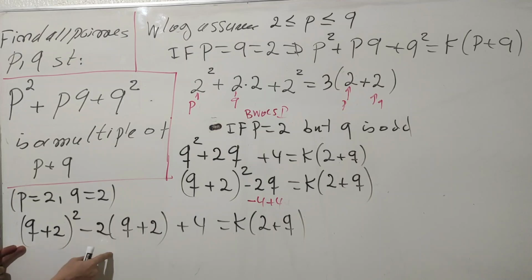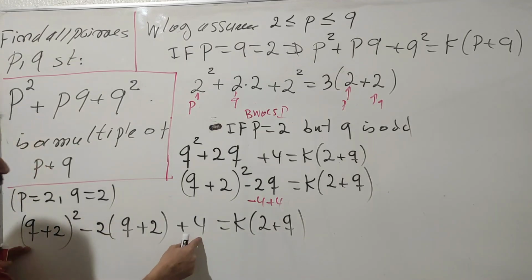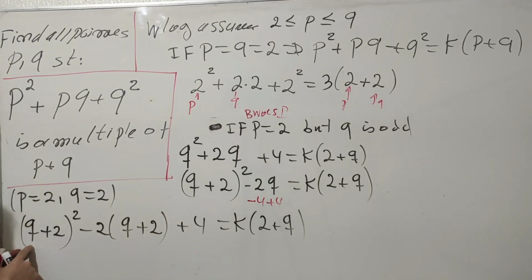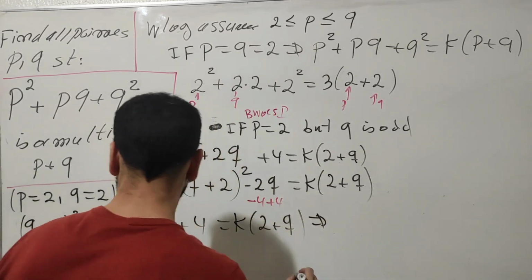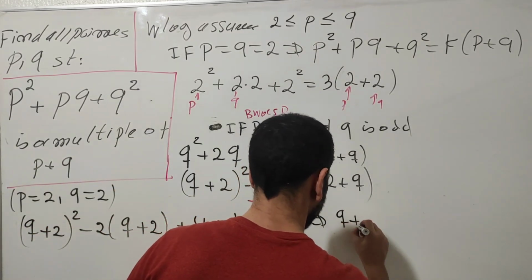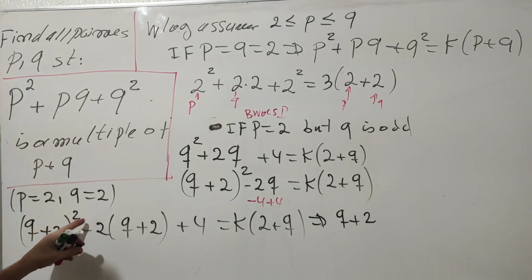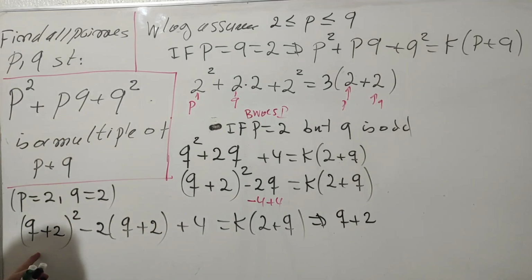So since we get q plus 2 in each term, except this one, and since q plus 2 is positive, I'm going to divide the whole thing by q plus 2. I get the following: q plus 2, which was simplified after dividing by q plus 2.